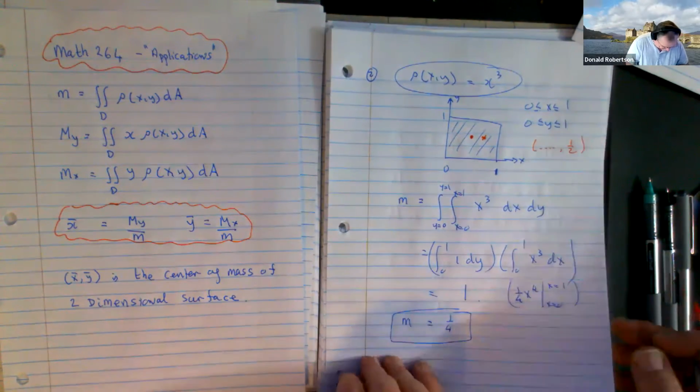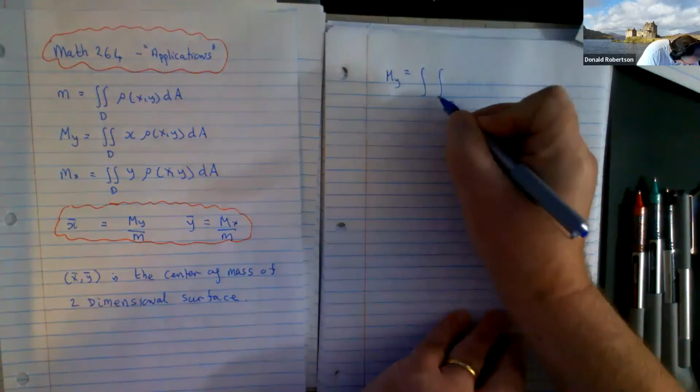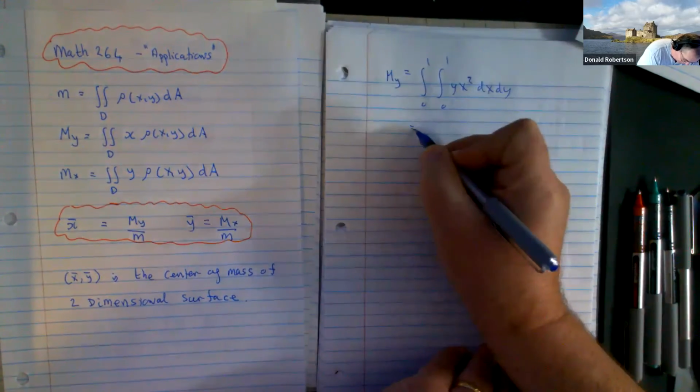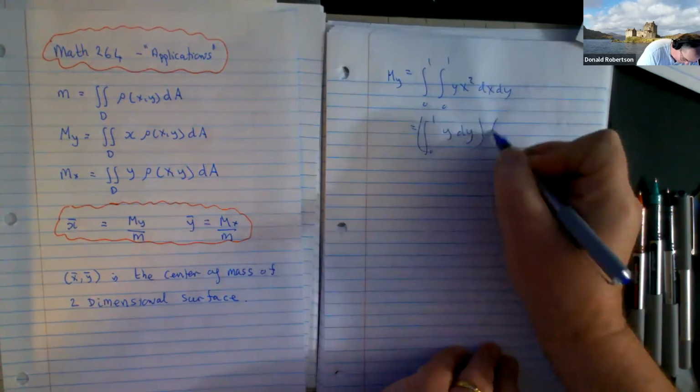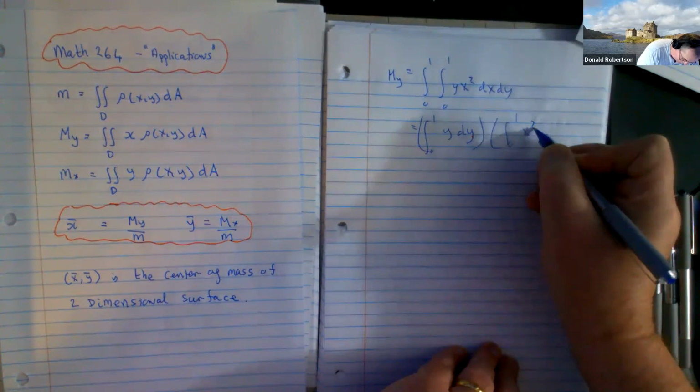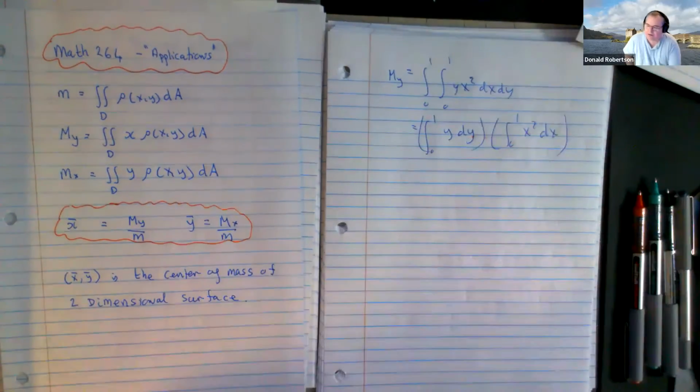So these are long questions, by the way. So bear with me. I'm going to get the moment around the y's, which is the same double integral as before, 0 to 1, 0 to 1. But you're going to introduce a y, so what's that going to be? Y times x cubed. But that separates, agreed.